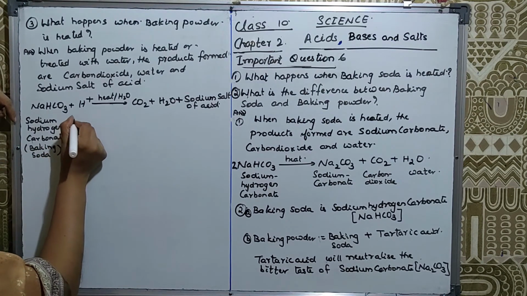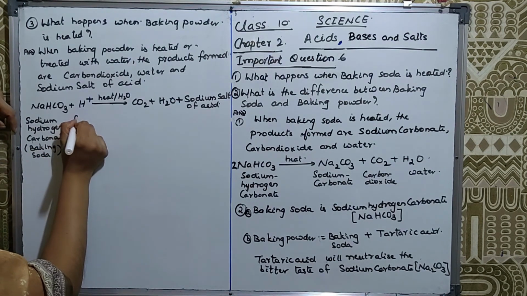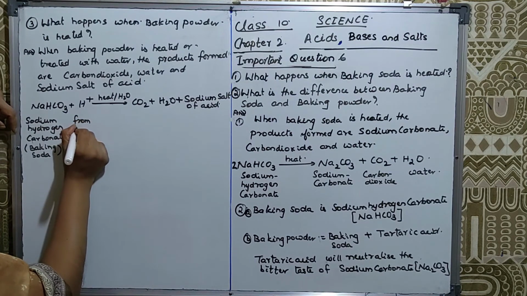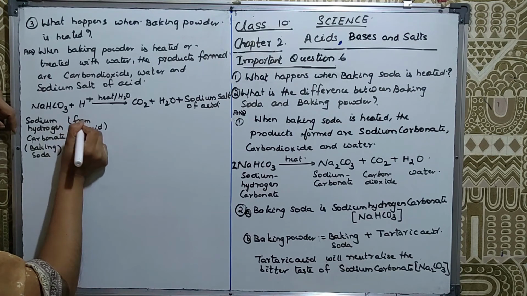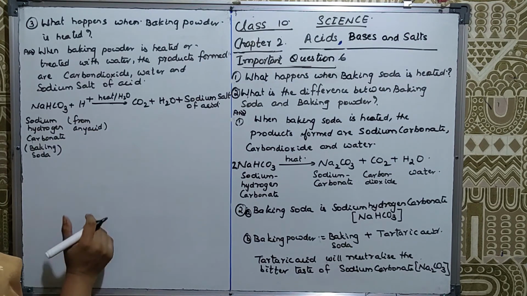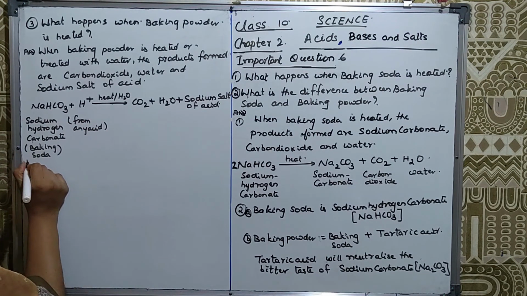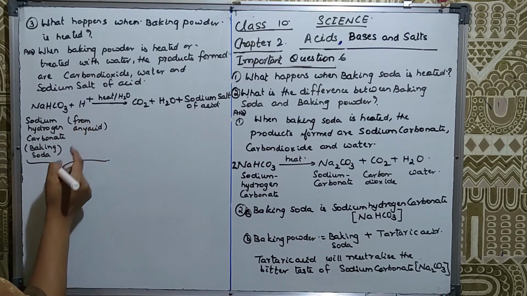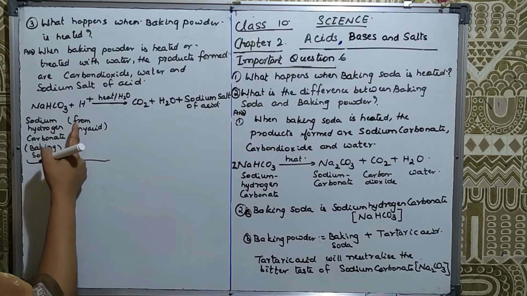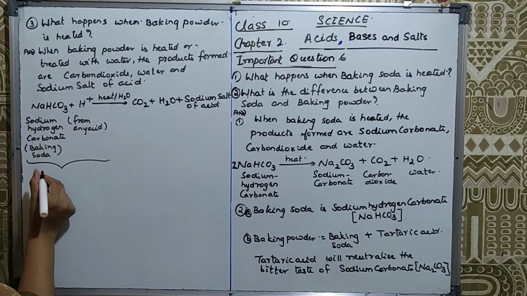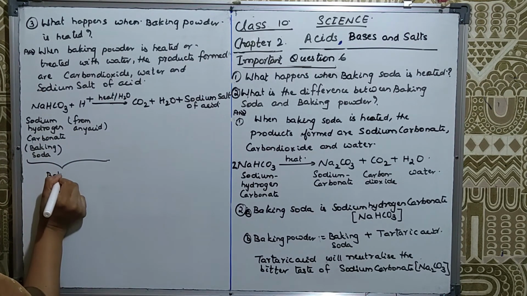On reaction with H plus from any acid, actually from tartaric acid, this baking soda, that is sodium hydrogen carbonate, plus H plus from any acid, that is tartaric acid, will give you baking powder.